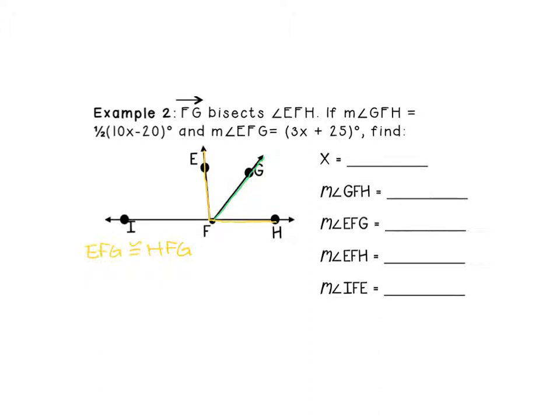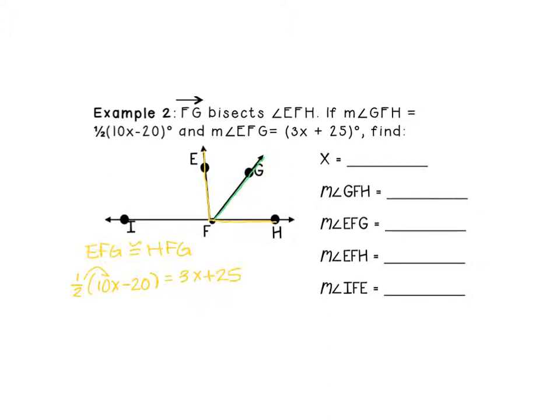So looking at that, if GFH or HFG, whichever way you say it, is 1/2 times 10x minus 20, it has to be equal to EFG, which is 3x plus 25.